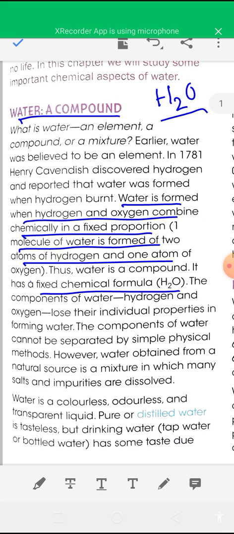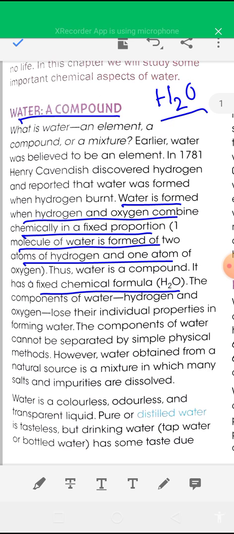The components of water, that is hydrogen and oxygen, cannot be separated by a simple physical method. However, water obtained from natural sources is a mixture in which many salts and impurities are dissolved.